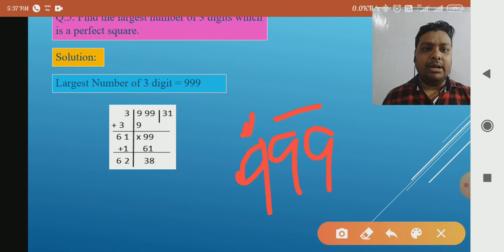If we write 1, then downside again we will write 1, same as above. So it will be 61 and 1. If we multiply 61 into 1, then we will get again 61, which is less than 99. Now if you take 2, then it will be 62 and 62.